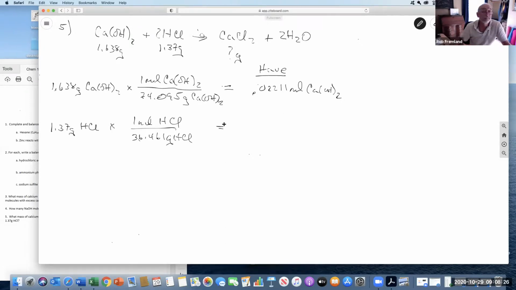So this is 0.0376. So we have the number of moles of each thing.